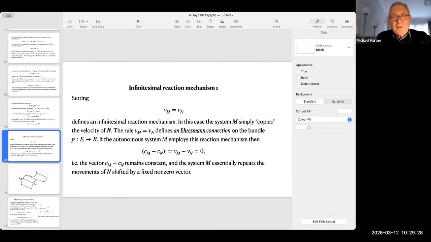I just want to say that there are several examples of infinitesimal reaction mechanisms for this system. One is when we just copy the velocity of the other guy. So I decide my velocity will be exactly like the velocity of the other guy.